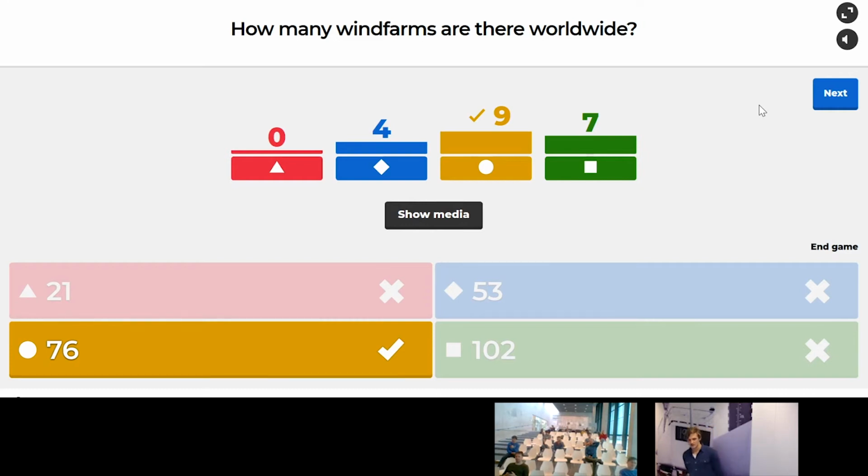Of course, this number is growing. So probably if you look in a few months, it's already a bit higher. But yeah, there's quite a number. And if you look online, you can find a lot of details about it. The biggest wind farm is currently in England. Yeah, it's enormous what kind of magnitudes in electricity there are reached. So good job for the first 9 ones. Let's go to the next question.